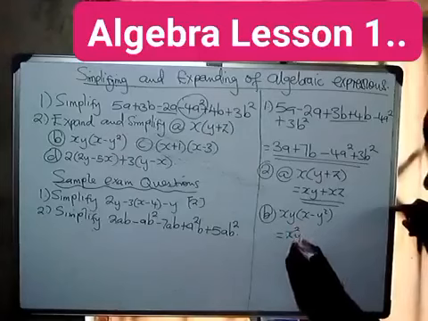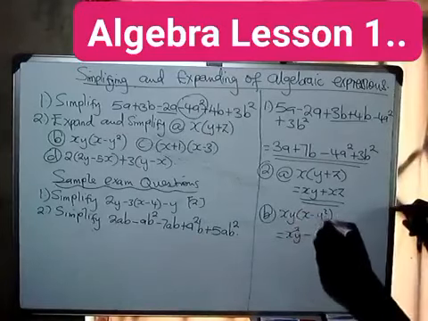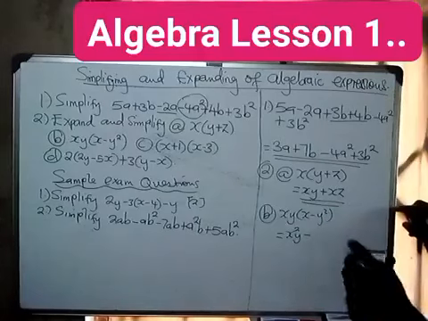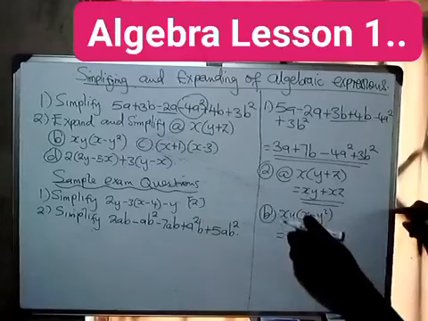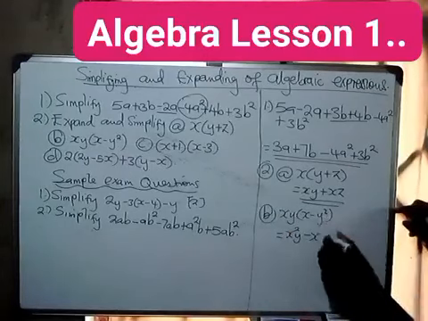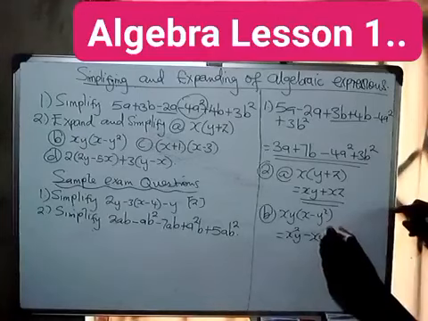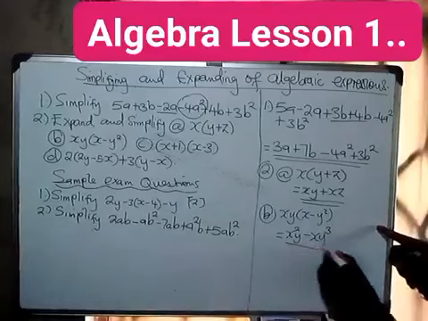Then you write the y. Then minus xy multiplied by y squared. The x you write, then y multiplied by y squared will be y to the power 3. This marks the end of this question.